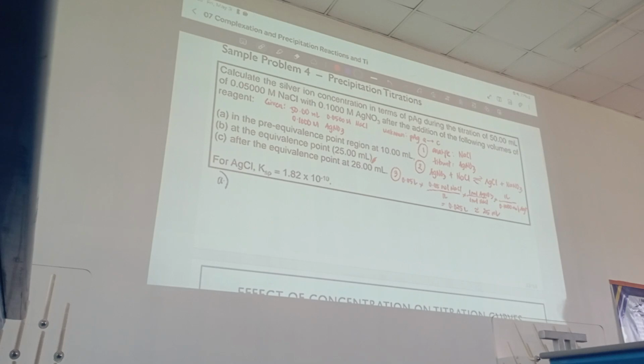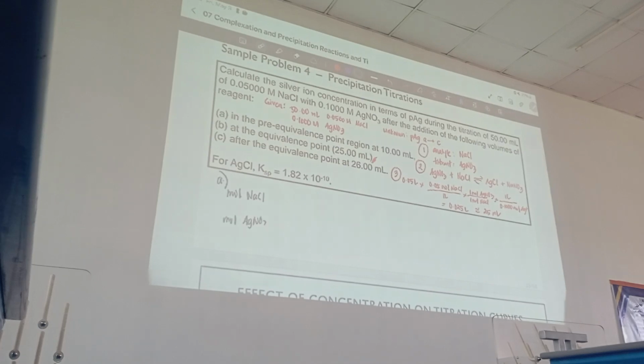pH. pH yung pinapita. Mole of each reagent. Okay. Mole of NaCl and then kay mole of AgNO3. Pag itaon yung si excess limiting. Kasi ito pag itaon, excess limiting. Kaya naman, sobra man siya sa solution mo.